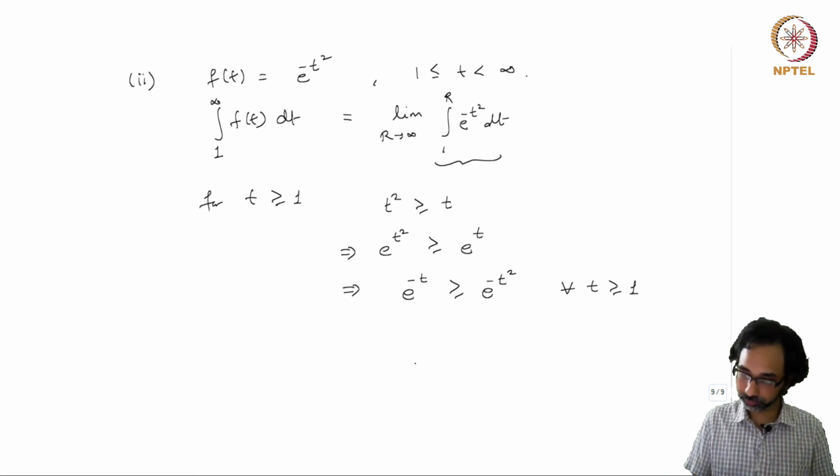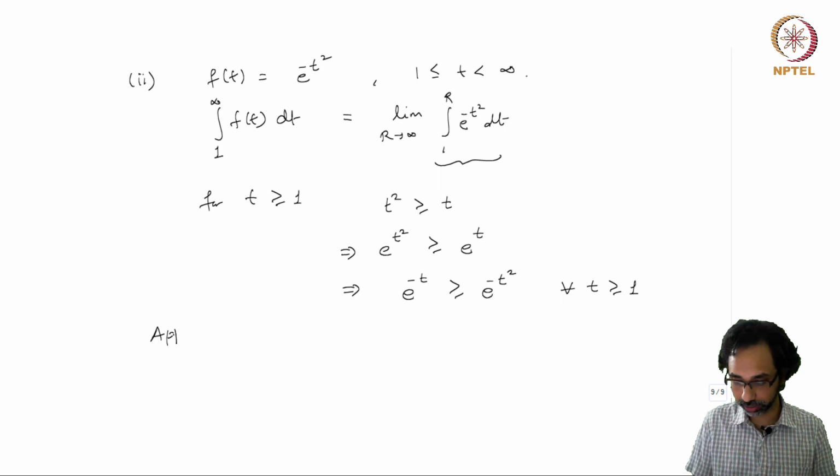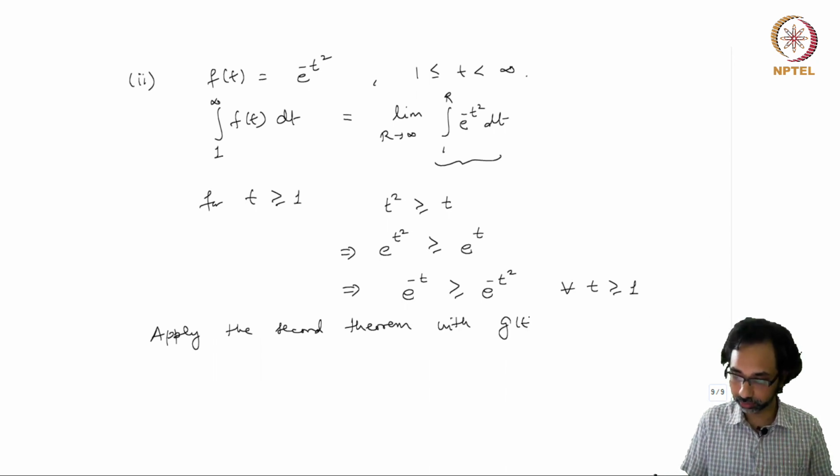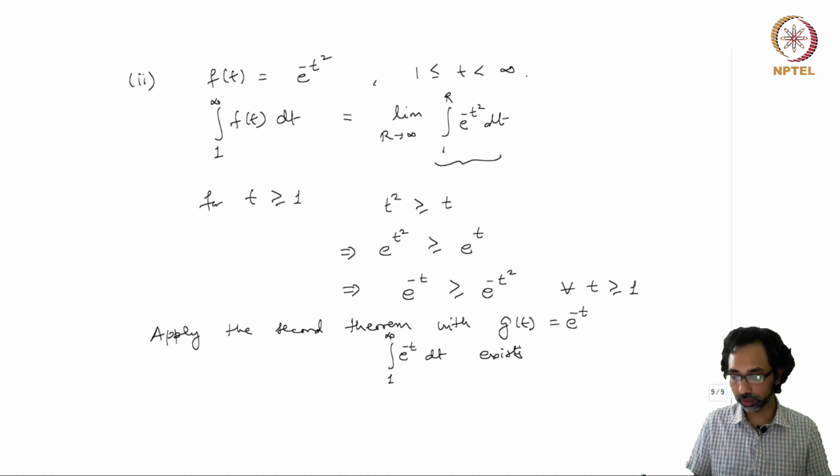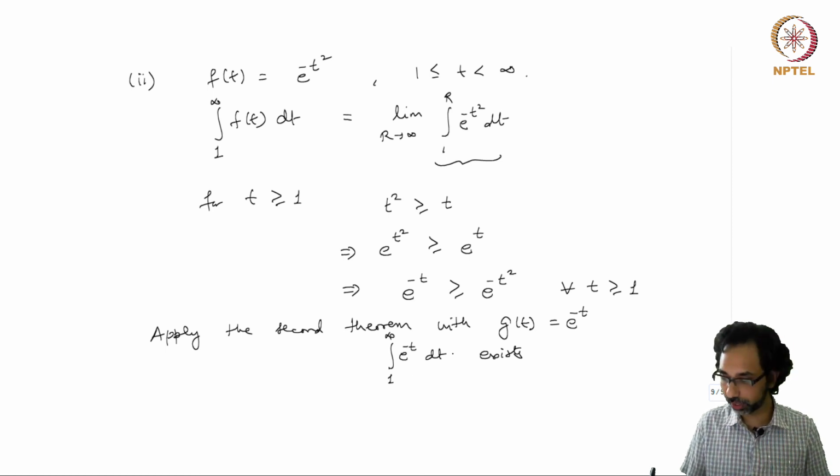Now we can apply the second theorem, with g(t) equal to e to the power minus t. We know that the integral from 1 to infinity of e to the power minus t dt exists. In the same fashion as we did it for 0 to infinity, we can also evaluate it from 1 to infinity, and one can show that this exists.